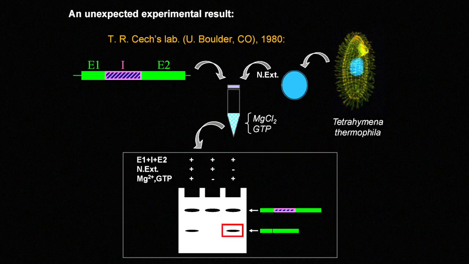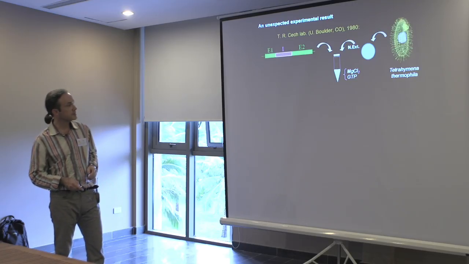And they joined the intron-exon construction and the protein extract of the nucleus in a test tube that contained magnesium, because they knew it was important for the reaction, and GTP, an energy currency that these molecules need.